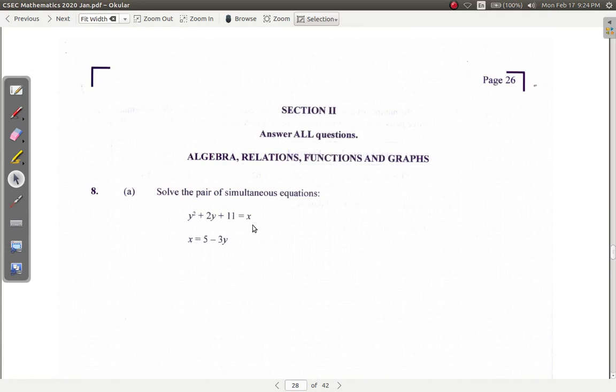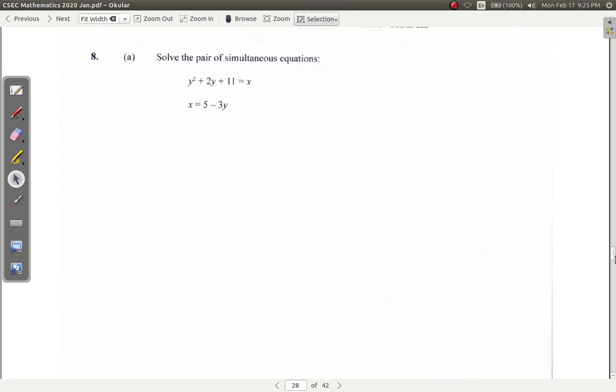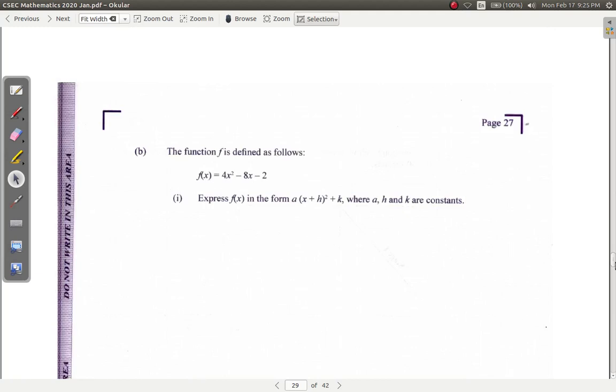You must solve this pair of simultaneous equations. Okay, solve this pair of simultaneous equations. Not the ordinary simultaneous equations, because one of them is quadratic. Then function f is defined as that. Express f in terms of (x + h) squared plus k.